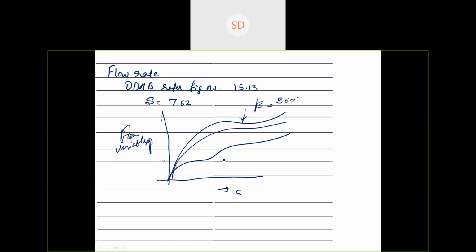Now for 360 and for S equal to 7.62, you are going to get a flow variable of 3.1. You note the flow variable equation from the data handbook itself.